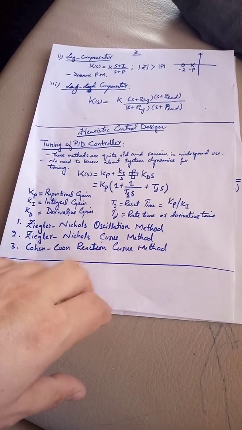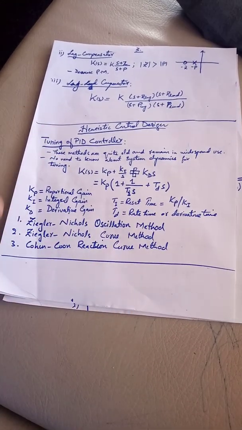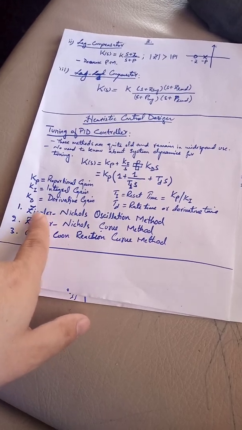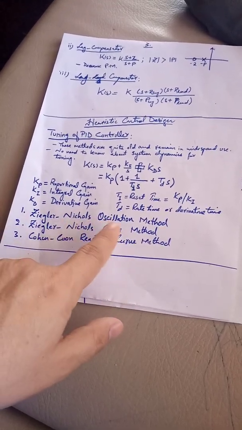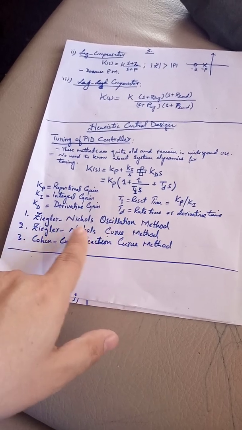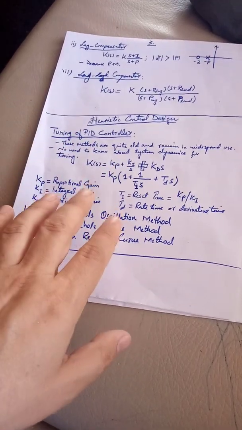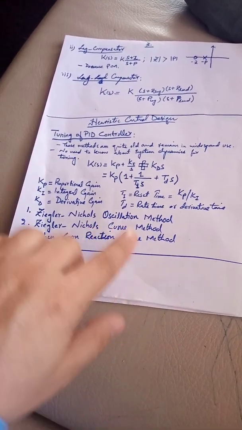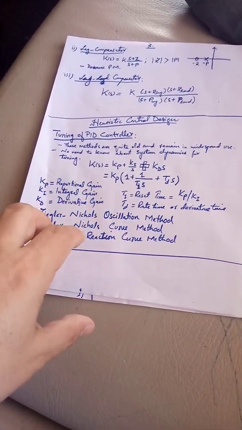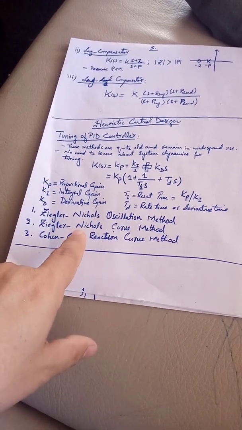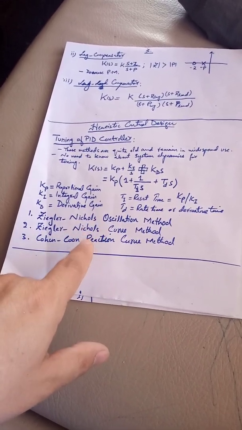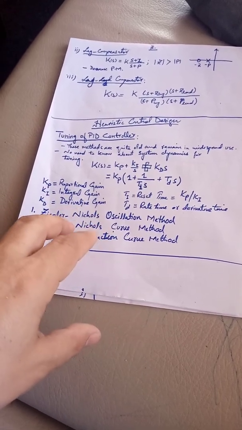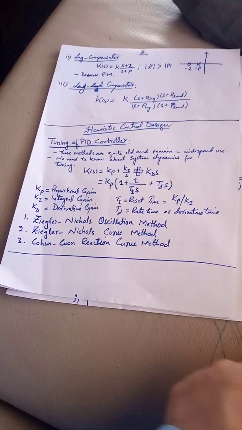If you look at the history, these methods track back to the 1950s. In short we call them the ZN oscillation method and ZN curve method. These are very important methods, and we will look at how they work, the rules of working that you can use in industry, and how you can apply them to a particular example.